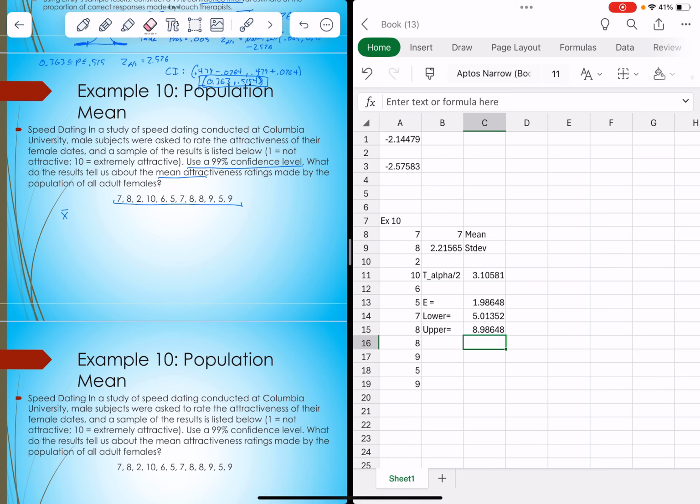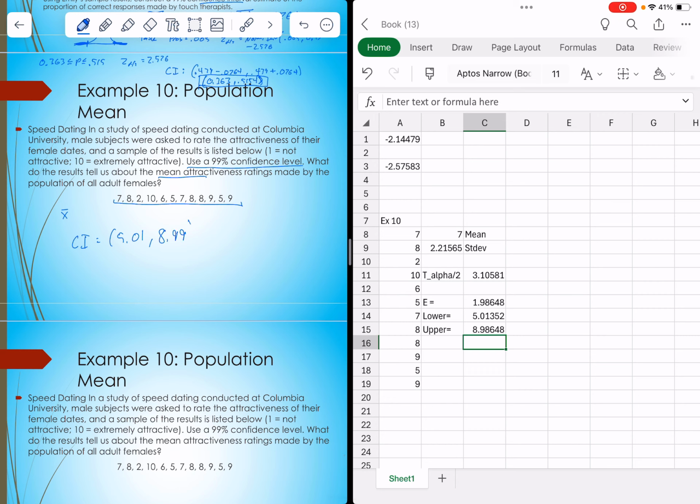So CI equals 5.01, that's 3 significant figures, 8.99.